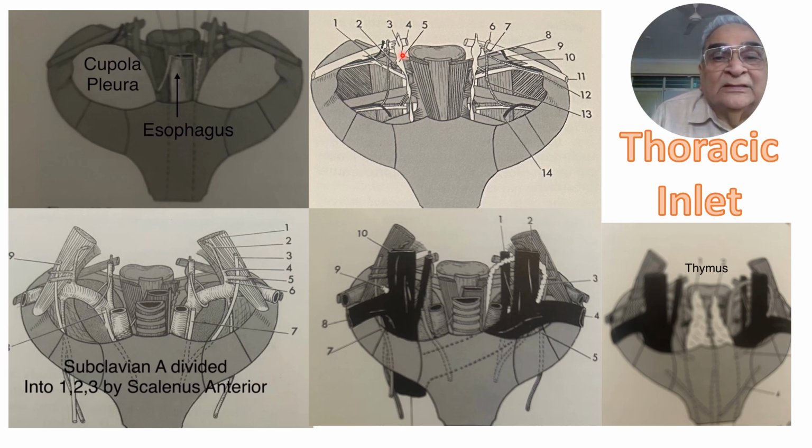The three signs are eye signs and two signs are face signs, and these are the signs called the Horner syndrome. The eye signs are ptosis, miosis, and enophthalmos. That means the upper lid goes down, the pupil constricts, and the eyeball is inside as compared to the opposite side.